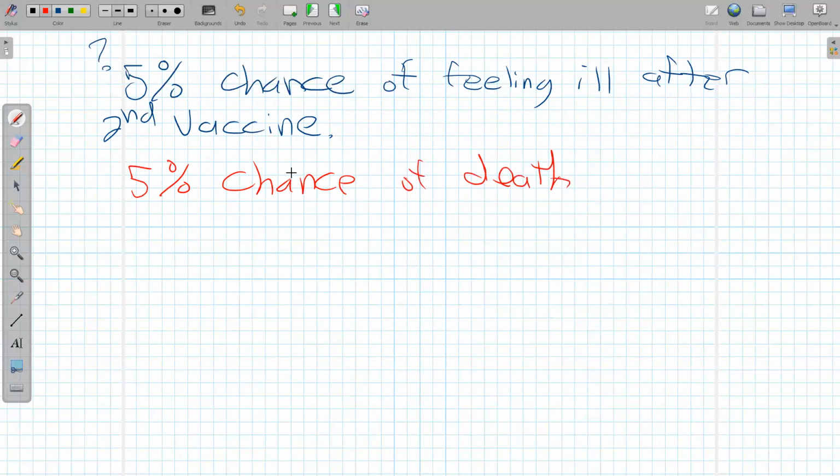I want way smaller than 5% chance for death. For death, I want it to be like 0.001% chance of death. That's more satisfactory to me. I want it to be way more likely I could die in a traffic accident near my house than I would die of getting something that's supposed to help me.